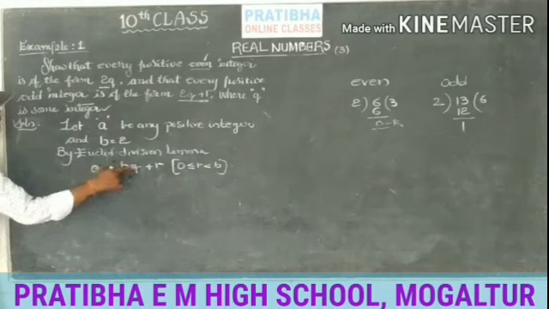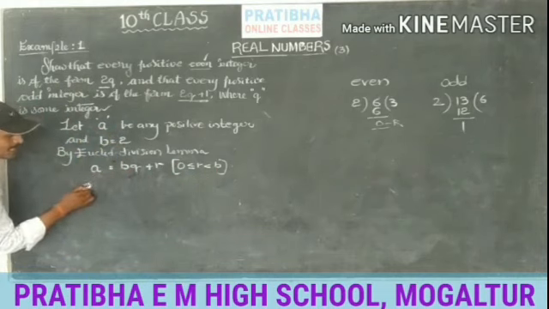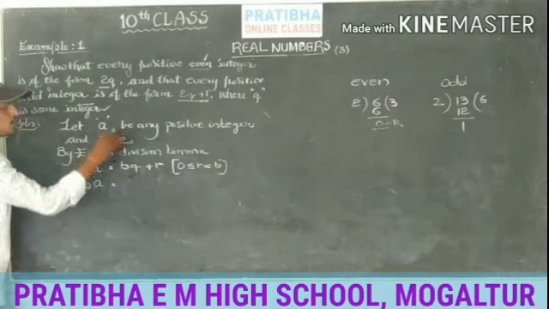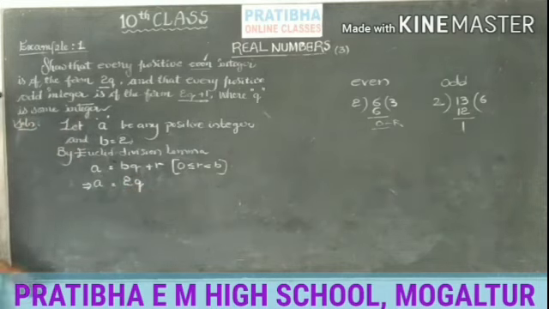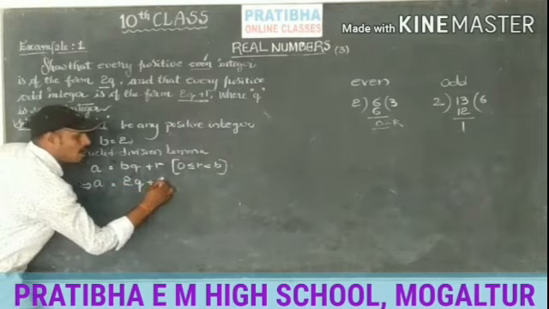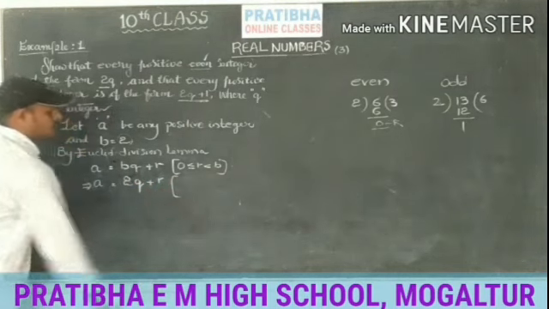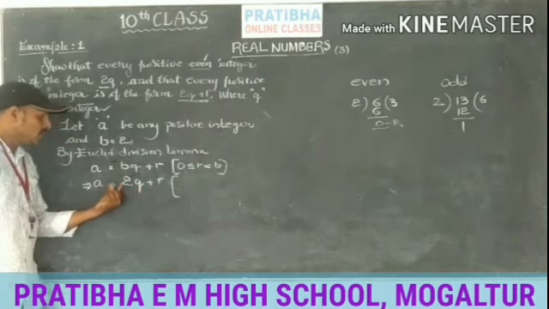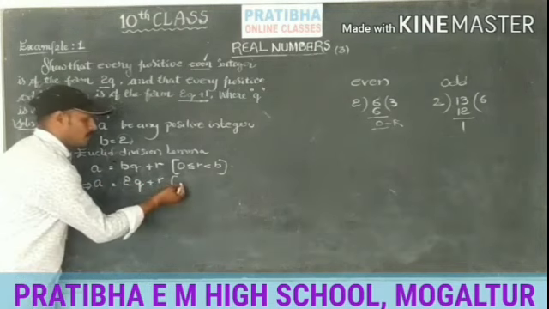Now we can apply this lemma to these two numbers. That implies a is equal to bq plus r, that is, a is equal to 2q plus r, where q is some integer and r is between 0 and 2, and can be equal to 0.